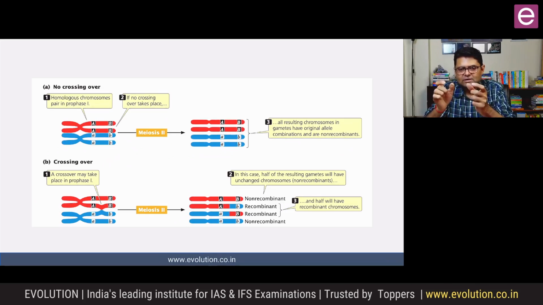There is no exchange or transfer of genetic information from one DNA to another. So when two DNA molecules interact, and there is an exchange or transfer of genetic information from one to another, this is known as recombination. Crossing over is a type of recombination. But if you ask how mutations take place, it is error of replication, sometimes some chemicals, some radiation, and there is no exchange of information between DNA molecules.